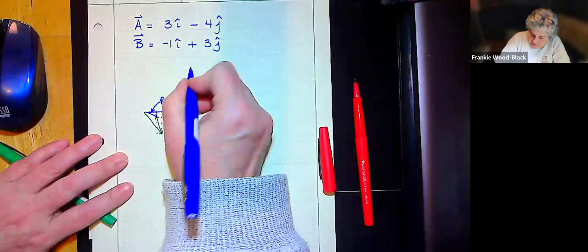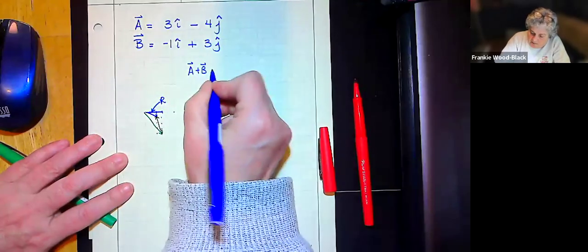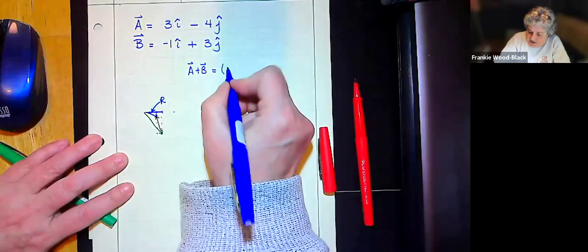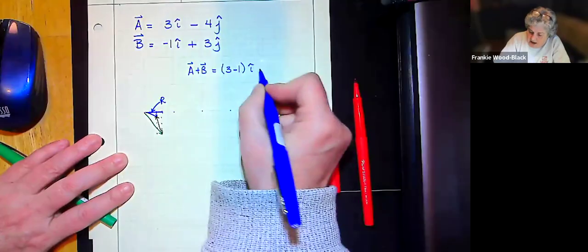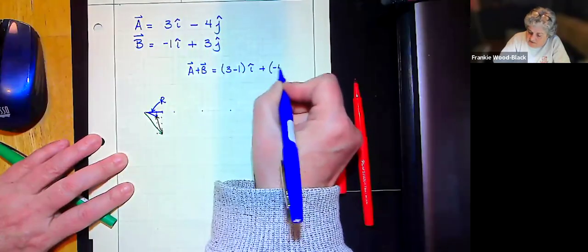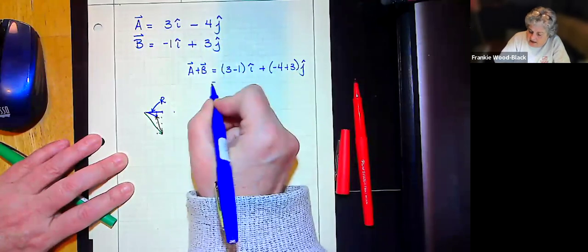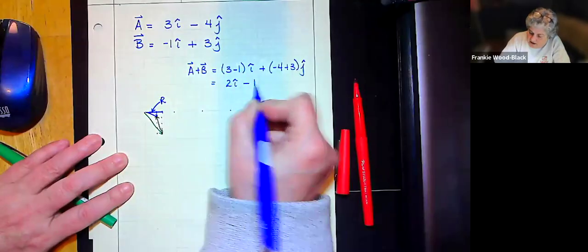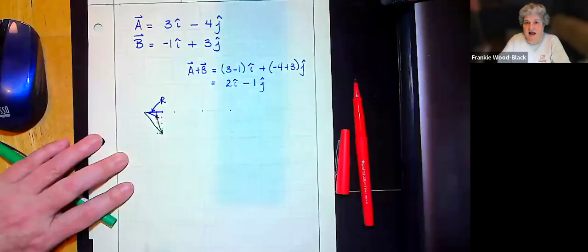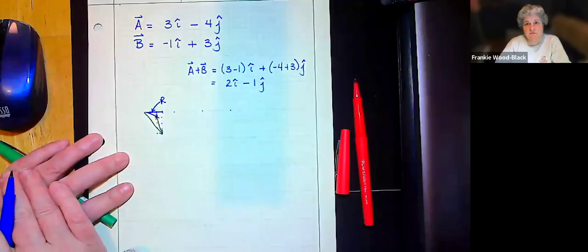Well, guess what? A plus B, I'm going to add up my items in the x column, and I'm going to add up my items in the y, and I get 2i minus 1j. And that's exactly what we got graphically. So I can add these vectors graphically.